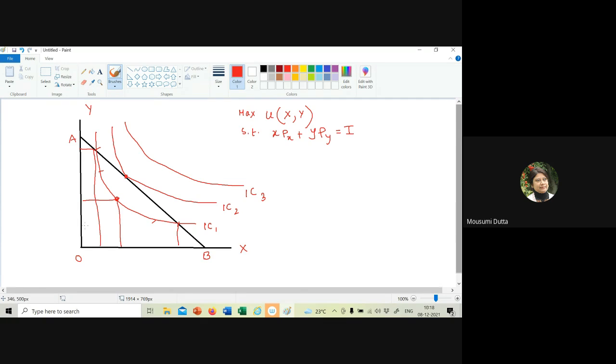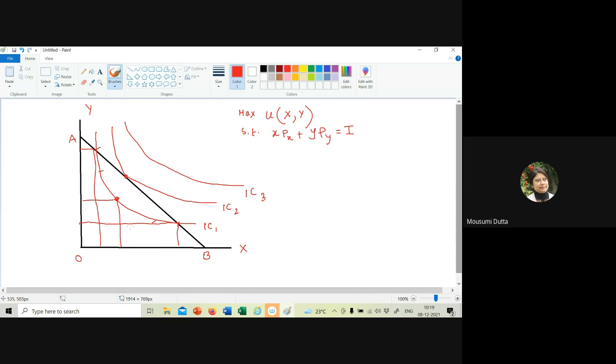And alternatively, I can increase my consumption of X and come onto the budget line as well. So we are getting a set of points which are all feasible. Since all these points are lying on the same indifference curve, all these points are equally likely to the consumer. So we will not be able to define any of these points as the optimum solution.